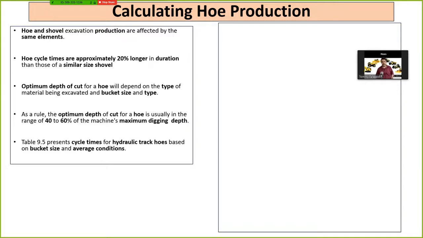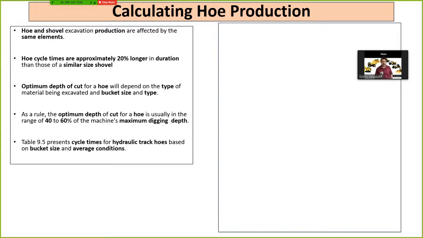So the optimum depth of a cut for a hoe depends on some factors. Obviously, the type of material is the first factor, the size of the bucket is another, and also the type of the bucket could impact the optimum depth of cut.